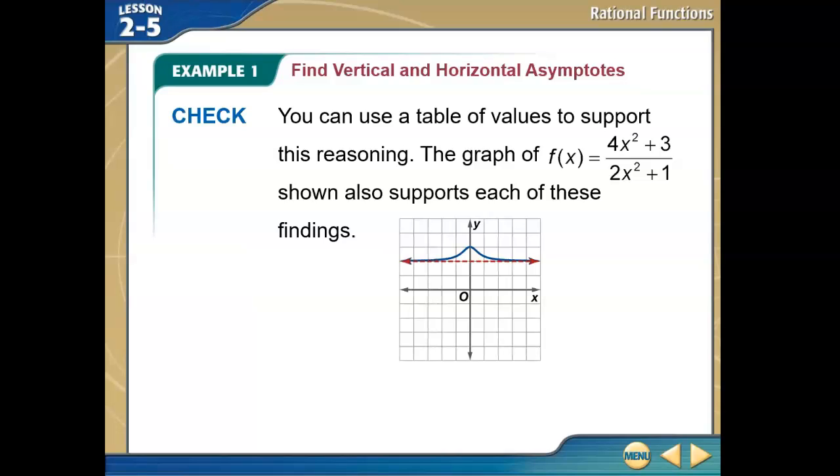So we found our horizontal asymptote by using the rules at 2. We knew that because this denominator equation never equals 0, we don't have a vertical asymptote. So this would be the graph of the equation 4x squared plus 3 divided by 2x squared plus 1.